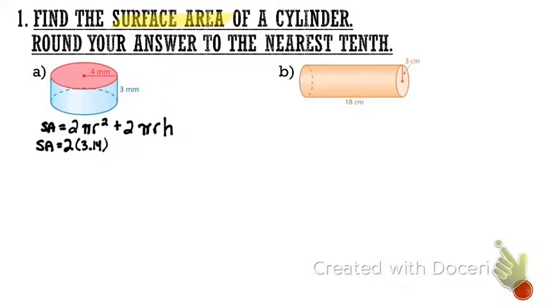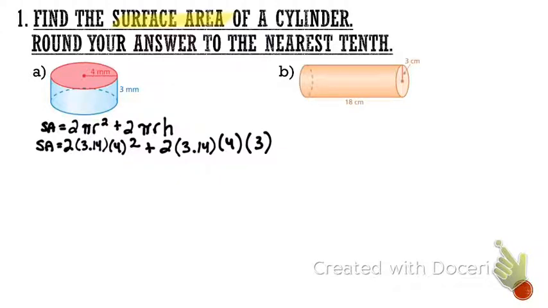Looking at our circle right here, you can easily see the radius is 4, so we plug that in, and then we have to square it. Plus 2 times pi, which is 3.14, times the radius, and times the height. This is the height of our cylinder, so we multiply that by 3.